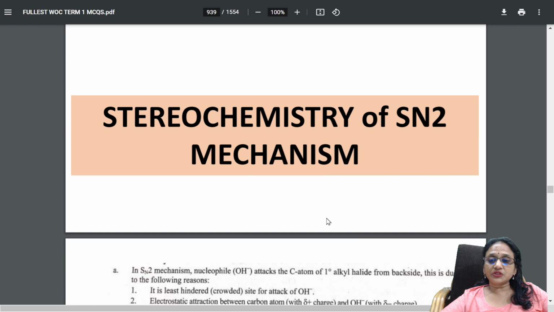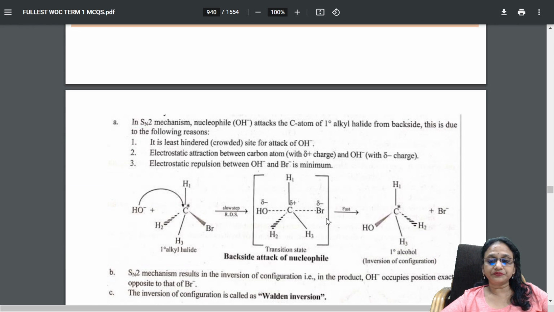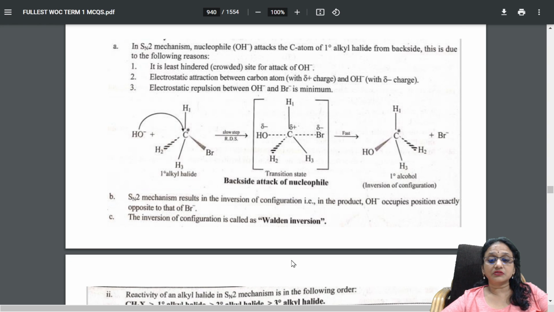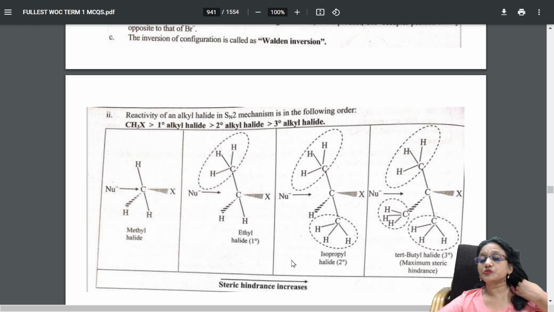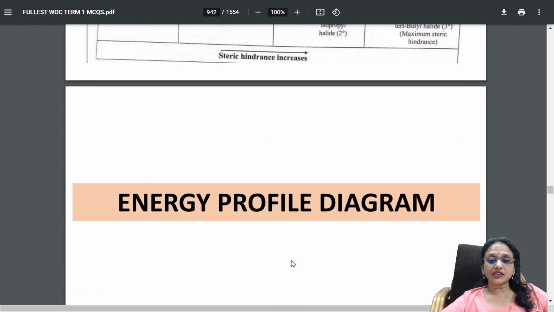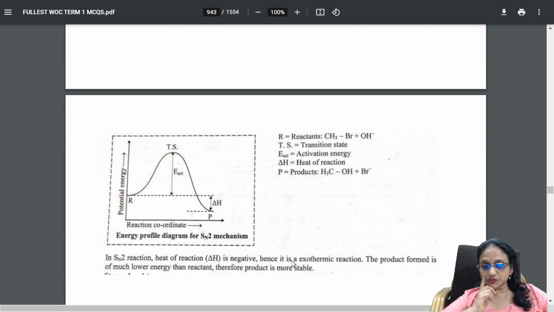After that, the SN2 mechanism and important stereochemistry are given here: where it is attacking, what is the type of inversion, and what is the order of SN2. Then comes the energy profile diagram of SN2.